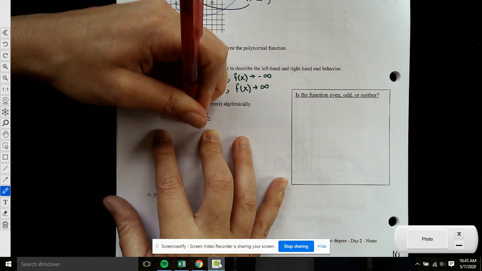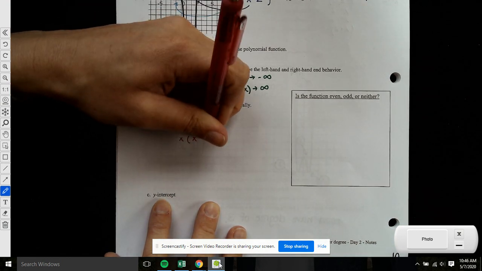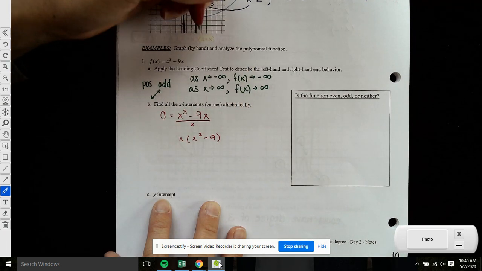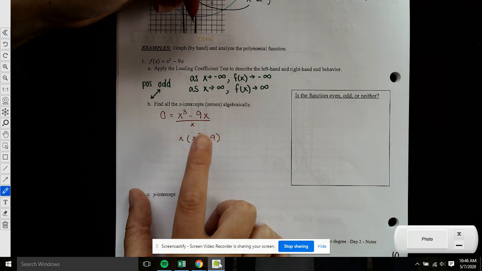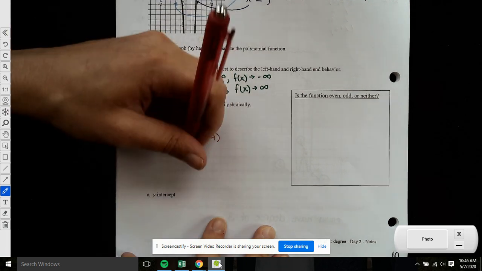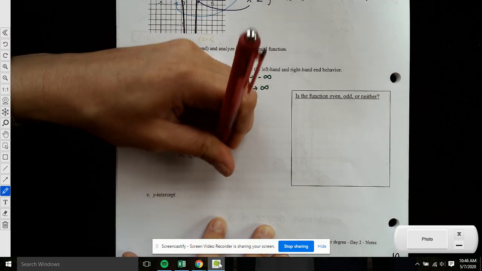I'm going to take out x, so I end up with x times x squared minus 9. From here, x squared minus 9 is a difference of squares. That's going to be really important to pick out as we go through all of these examples. So that'll be x plus 3, x minus 3.